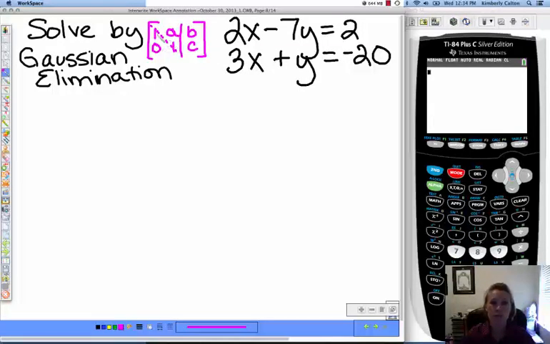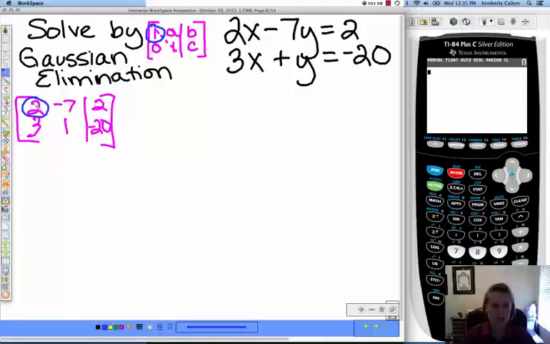So the first thing we want, if we look at this, and we want our main diagonal to look like this, is we should probably write this as an augmented matrix. So we have 2, negative 7, line 2, and 3, 1, negative 20. Now I'm going to go step by step. The first thing we want to do is we want to get 1 in this location. So if I could switch an equation, then I would.